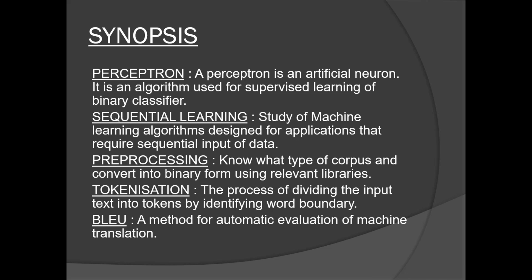Sequential learning. Sequential learning is a study of machine algorithms wherein it requires sequential inputs of data for the machine to learn sequentially. Then pre-processing. When we input a large corpus of data, it has to be converted into a binary readable form, and that is done in the pre-processing step. Tokenization. It is the process of dividing the input text into tokens by identifying word boundaries.